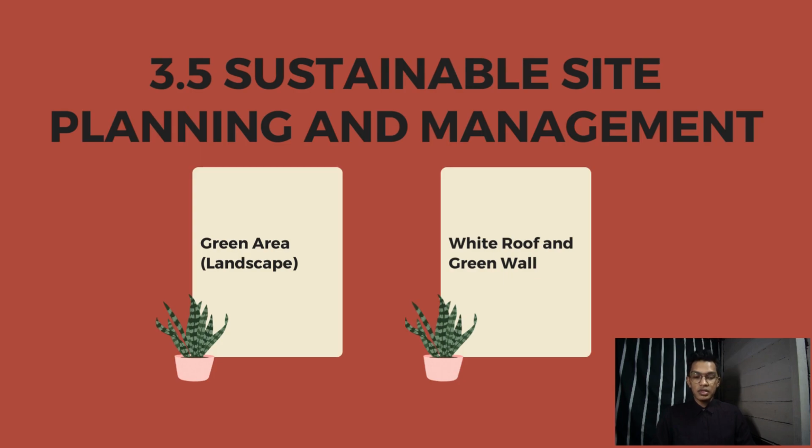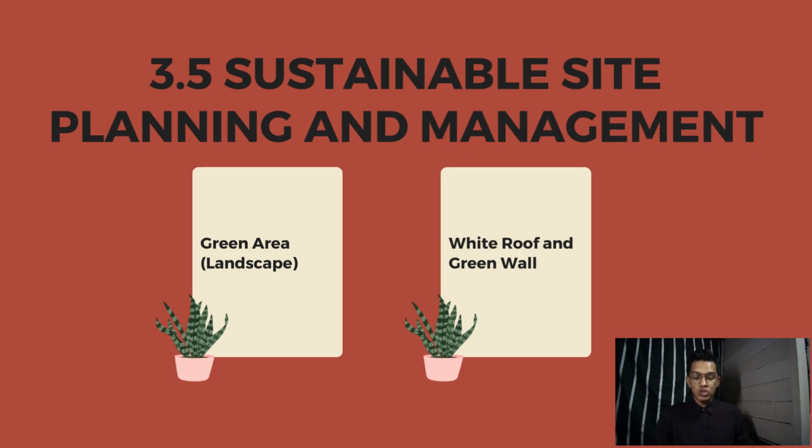The next criteria is sustainable site planning and management. In this part, we propose a green area or green landscape, such as green parking and other green space around the McDonald's building.